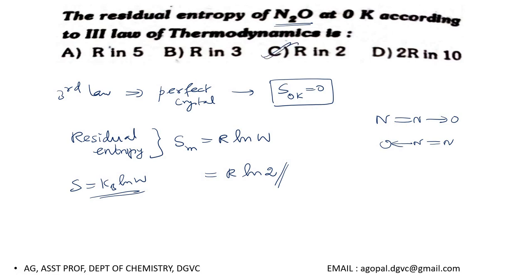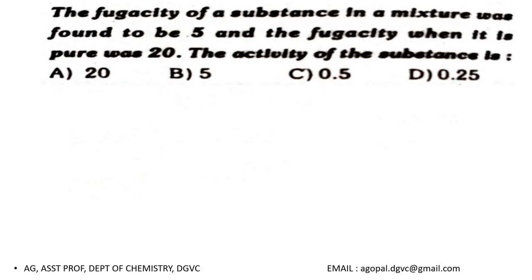Then the next question: the fugacity of a substance in a mixture was found to be 5, and the fugacity when it is pure, Fi, is 20. What is the activity of the substance? This is a very simple question actually. Activity is nothing but the fugacity of the substance in the mixture divided by the fugacity of the pure substance.